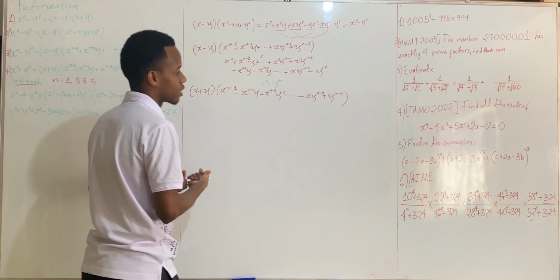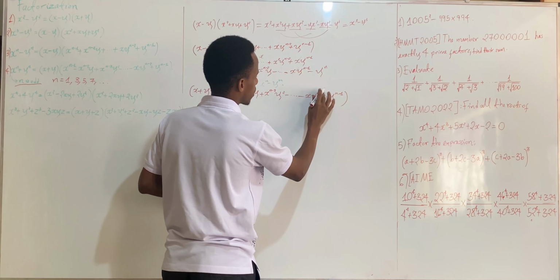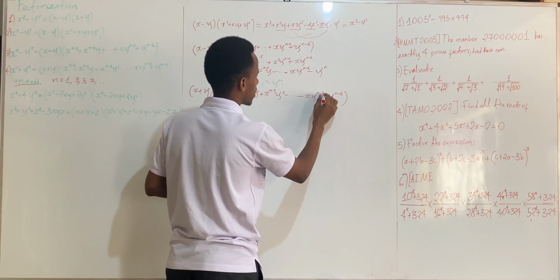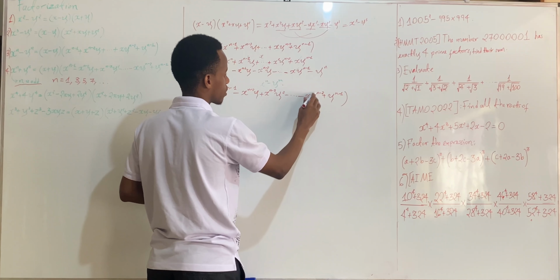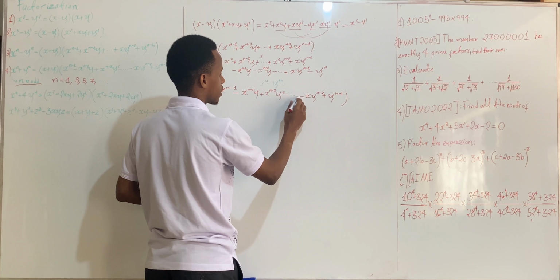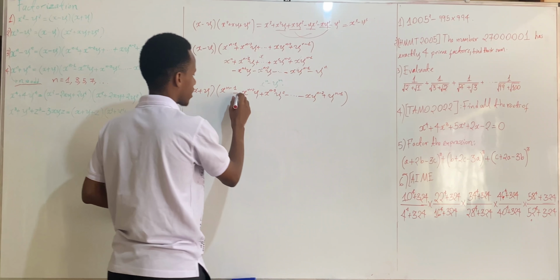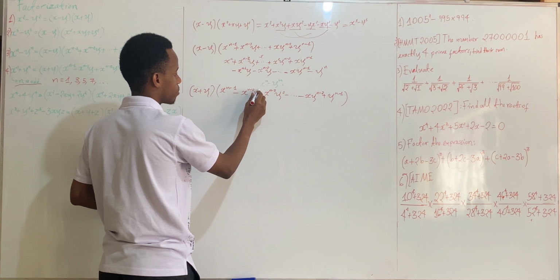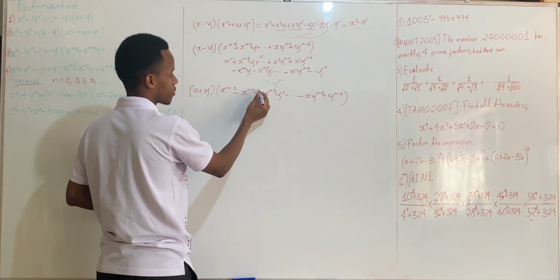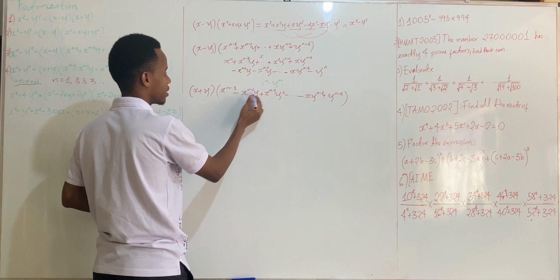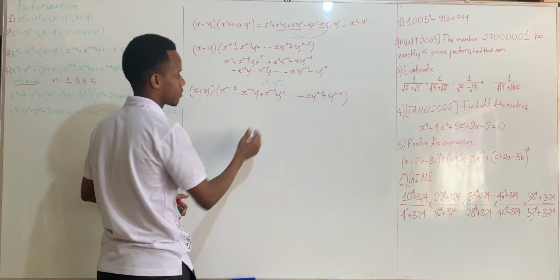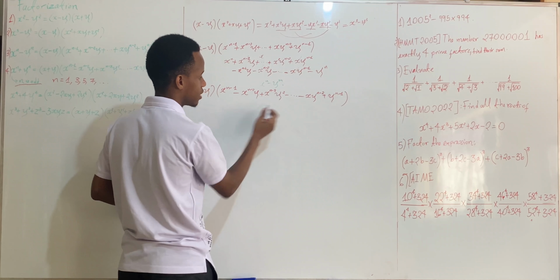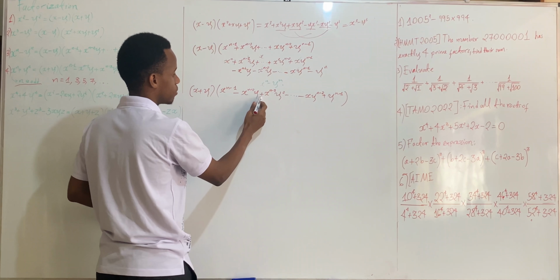Now, because n is an odd integer, when we reach x times y to the n minus 2, it will be a negative because the sign depends on the power of y. If the power of y is an odd integer, then it will be a minus. If the power of y is an even integer, for example here of 2, then it will be a plus.